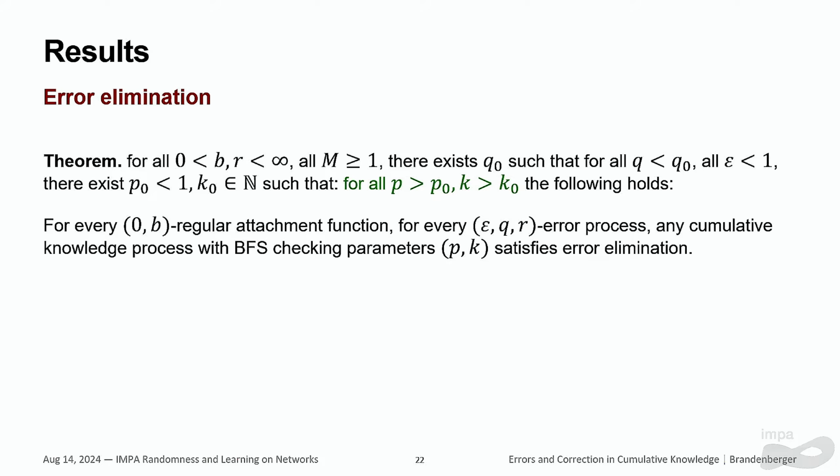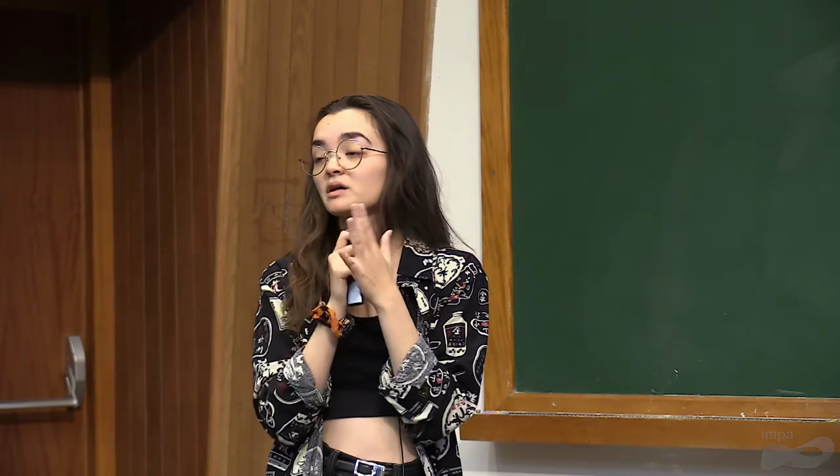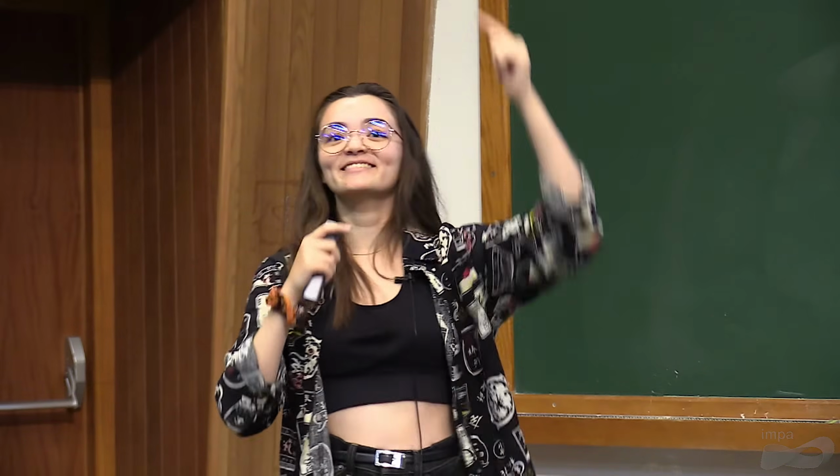But if you want to just think about the tree-like setting with preferential attachment, where you have no adversary, then there, if you check in a radius of 4 or more, there's some threshold of P such that the errors will be eliminated. So you need to check your parent, your grandparents, and 2 more in that tree-like setting.